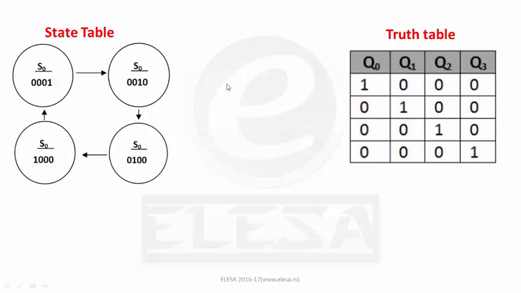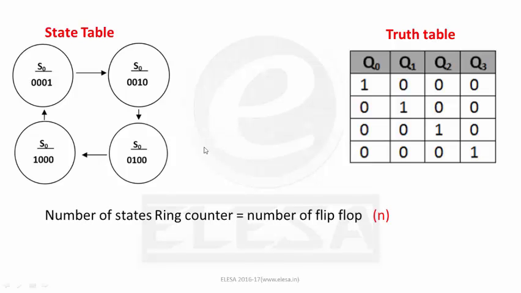Okay, and here is the state table. We see that there are only 4 states of the ring counter, because we have connected only 4 flip-flops here. The ring counter gives only the same number of states as the number of flip-flops. The first state is 1000, after that 0100, then 0010 and 0001.